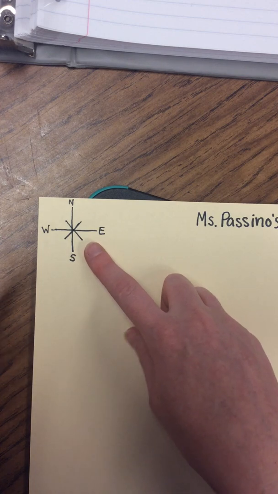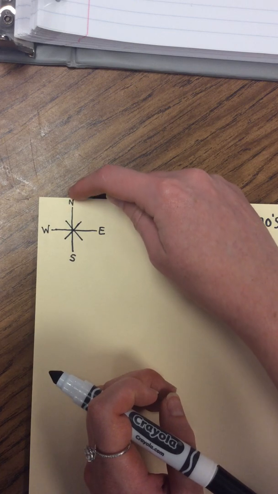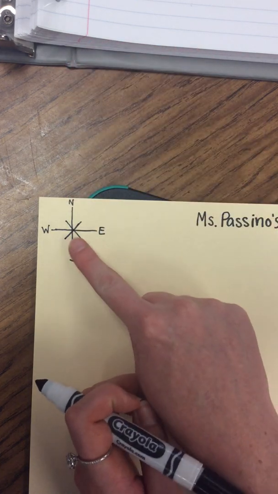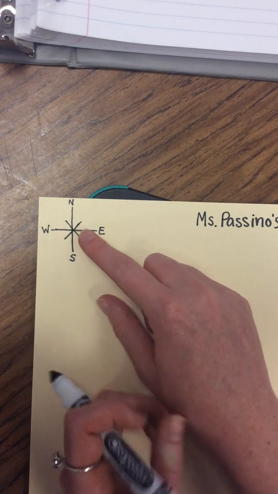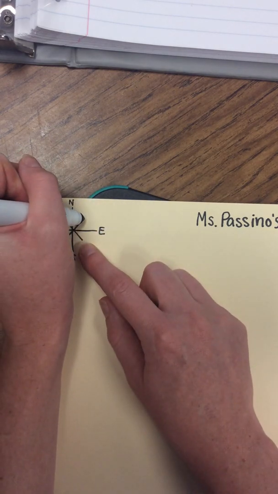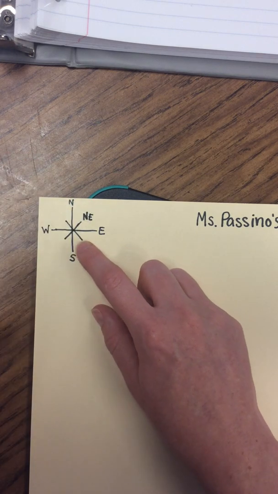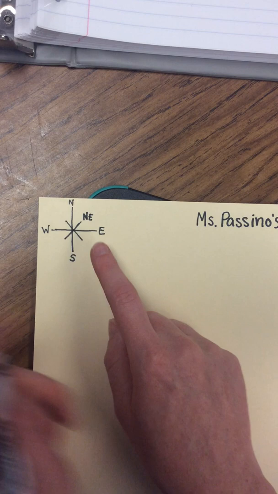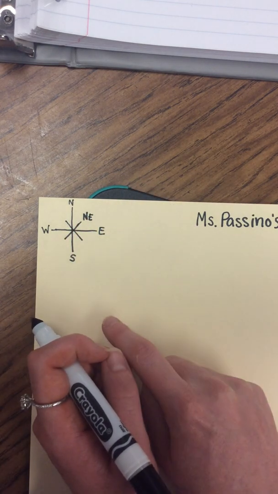When we label intermediate directions, we're really thinking if I go straight up, that would be north, straight to the right is east, so in between these two is what we call northeast. So rather than going straight north or straight east, I'm going a little bit up and a little bit to the right, northeast.